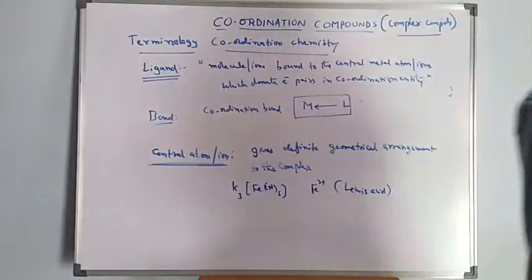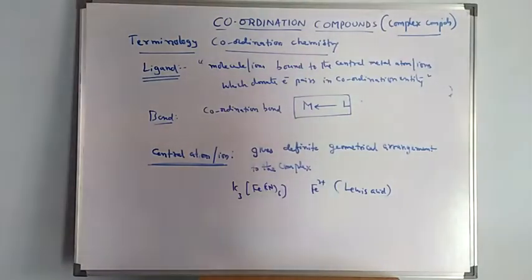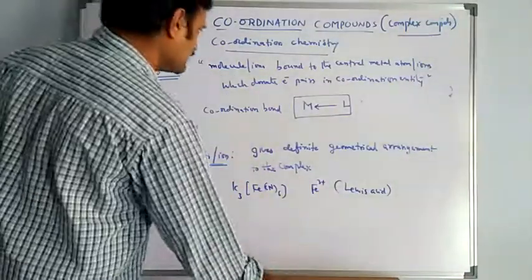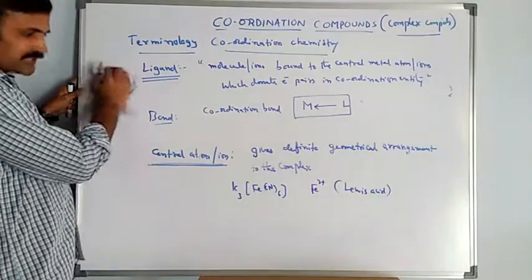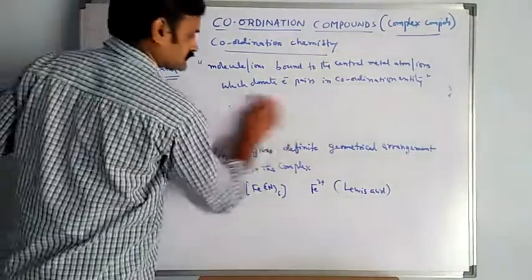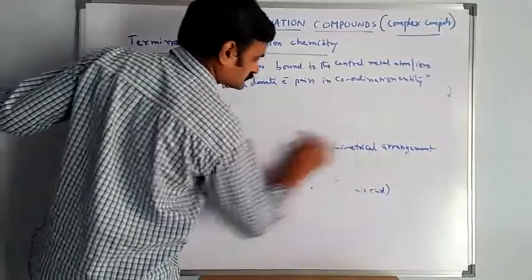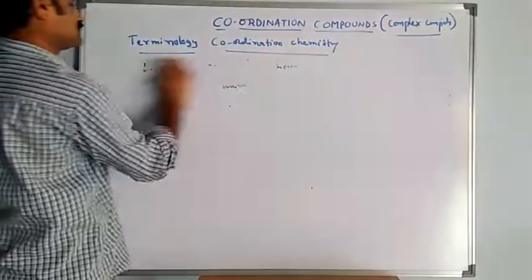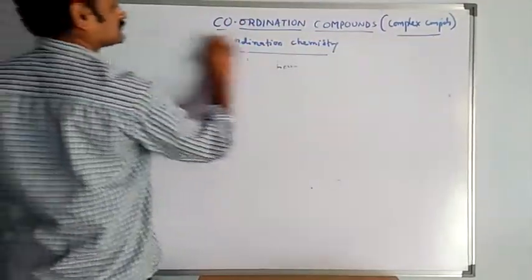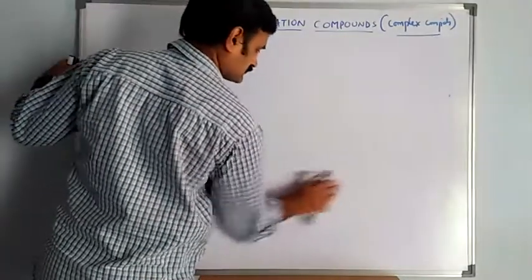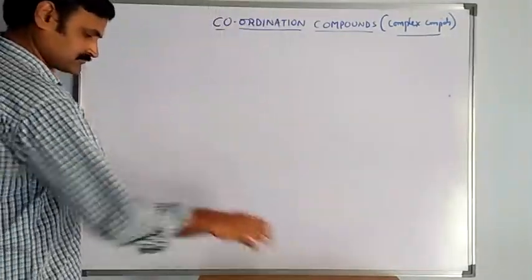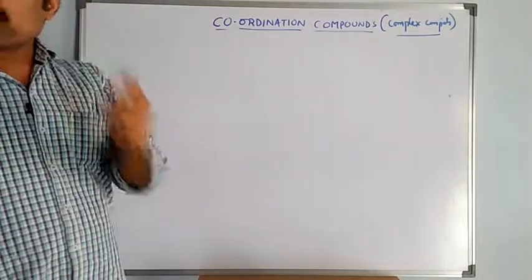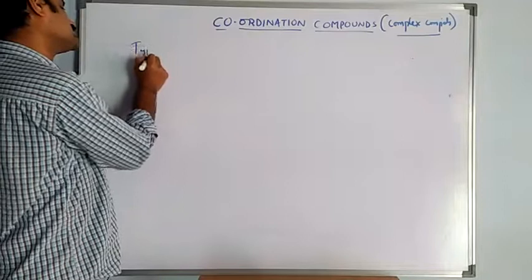Still we need to study more and more about the types of ligands. Then we have to look at the classification of ligands. So let us start the classification, types of ligands, now. Now I am going to talk about the types of ligands.